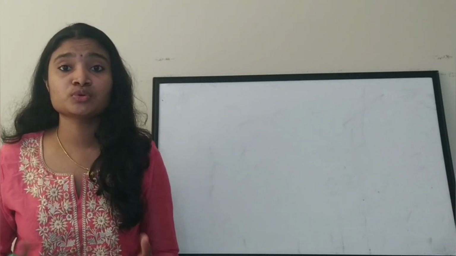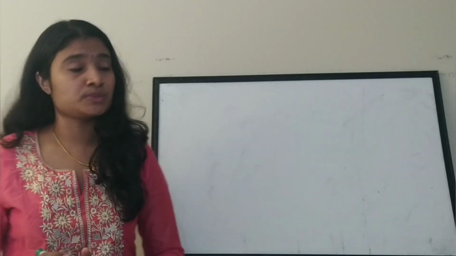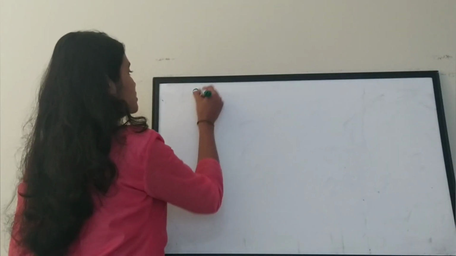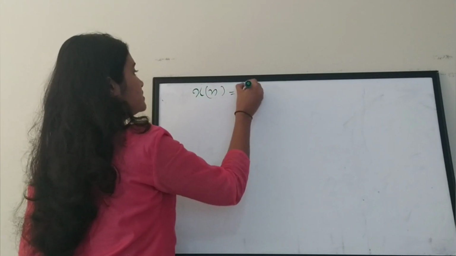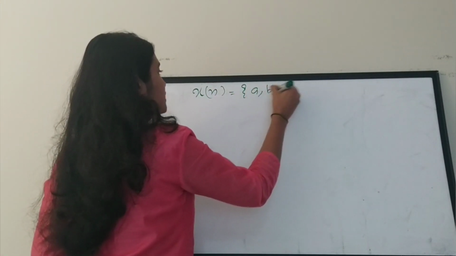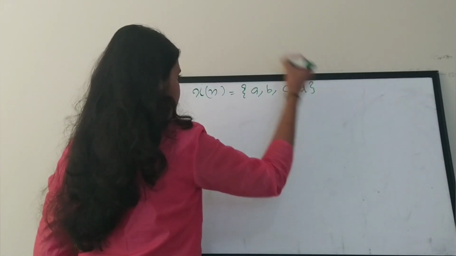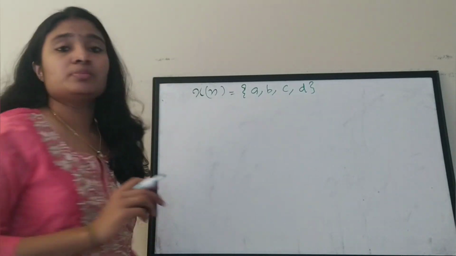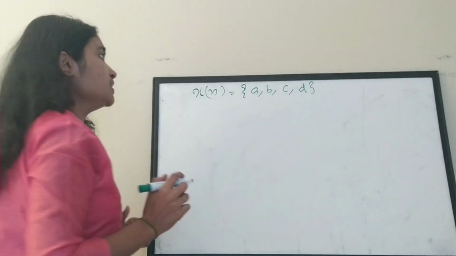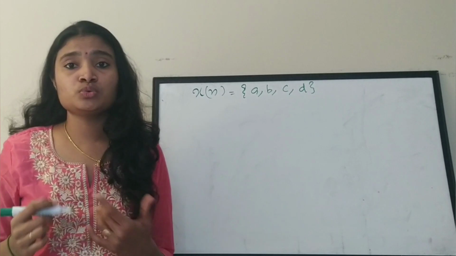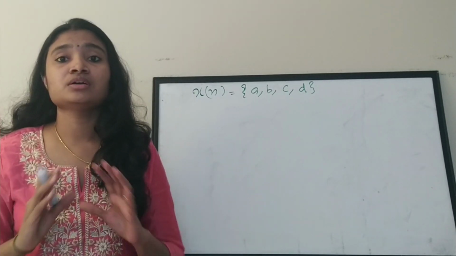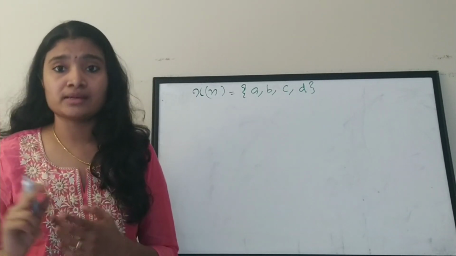Now we are going to draw the butterfly diagram of decimation in frequency for a length 4 input sequence. That is, I'm going to take a sequence x of n as A, B, C and D. Earlier for a 2 input sequence, I drew first 2 parallel lines, right?